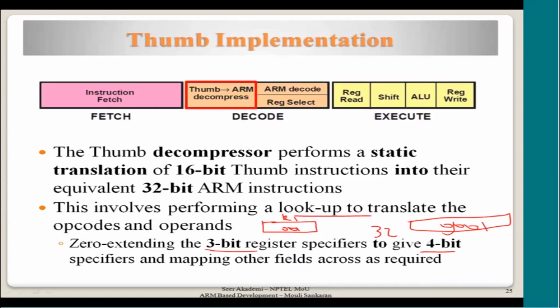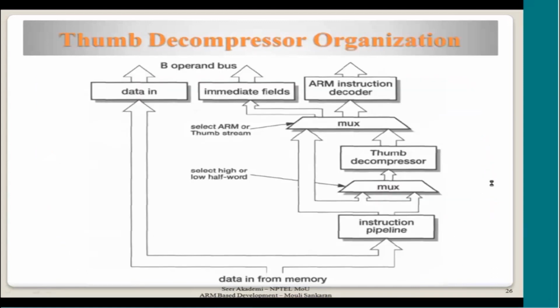Anyway, only the lower set of registers, R0 to R7, are used in most of the instructions here, so they can be zero extended without any problem. It will still map to the same register which was referred to in the Thumb state instruction. I hope this is clear to you. This is what is being done by the Thumb decompressor, so this is the internal operation.